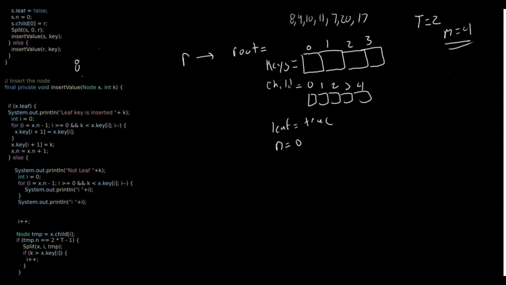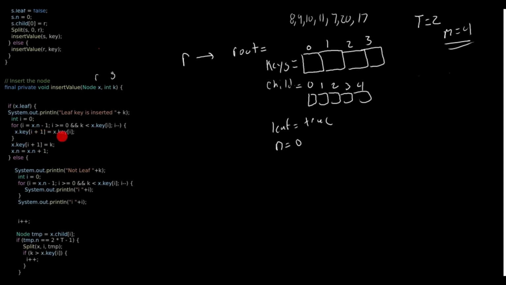right? And in insert value right over here, we bring in the R node in here, and we're bringing 8. Is this a leaf node? It is a leaf node.